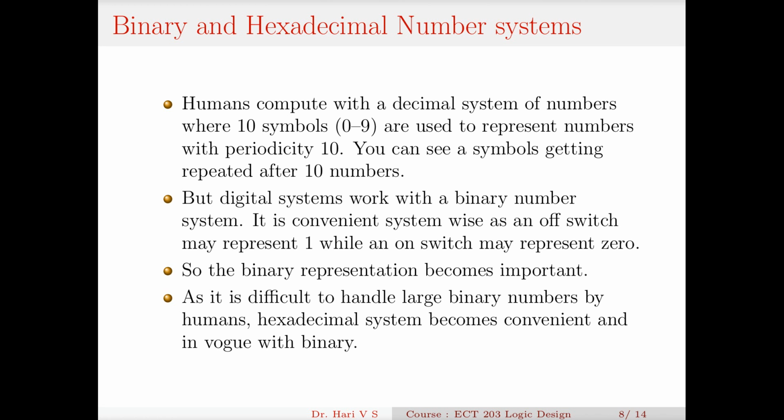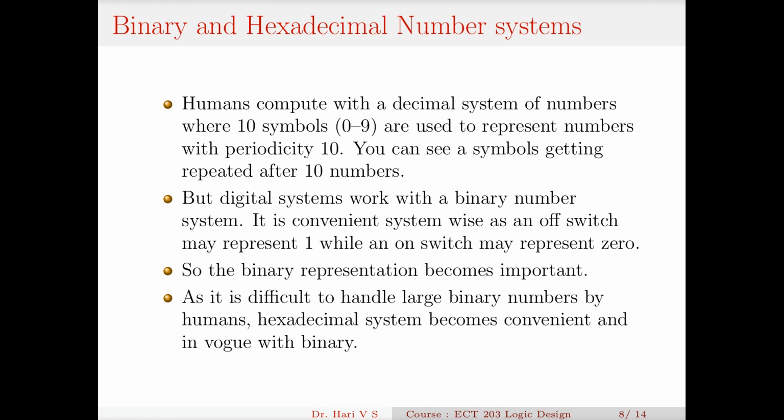So it is a convenient system as far as the switches are concerned. The binary system is very convenient. Although humans cannot easily understand it, computers can easily understand that. So the binary representation becomes very important. And then we use a hexadecimal system also, because humans cannot easily interpret binary numbers. Hexadecimal is convenient because you can easily convert a hexadecimal number into a binary number, and a binary number into hexadecimal.